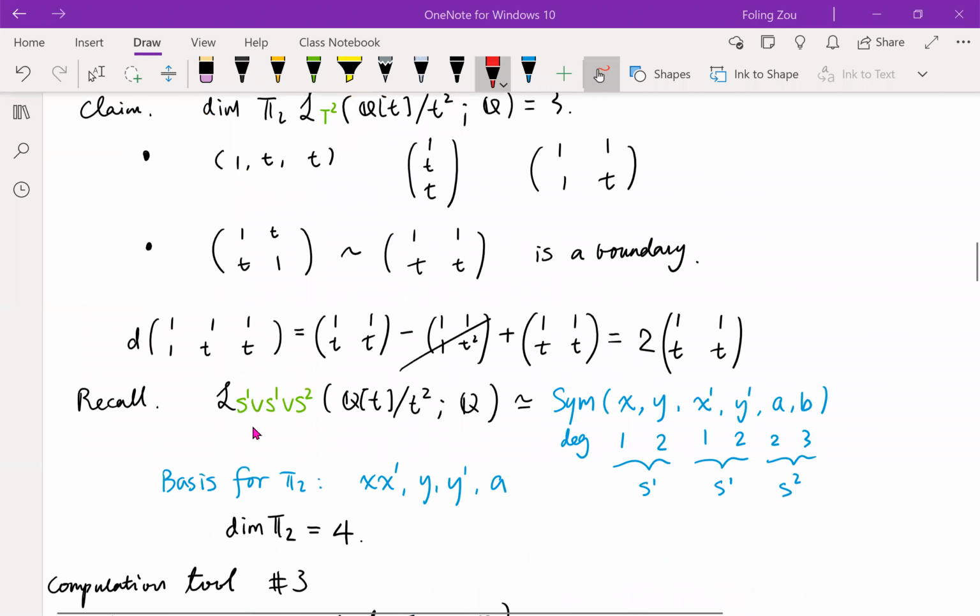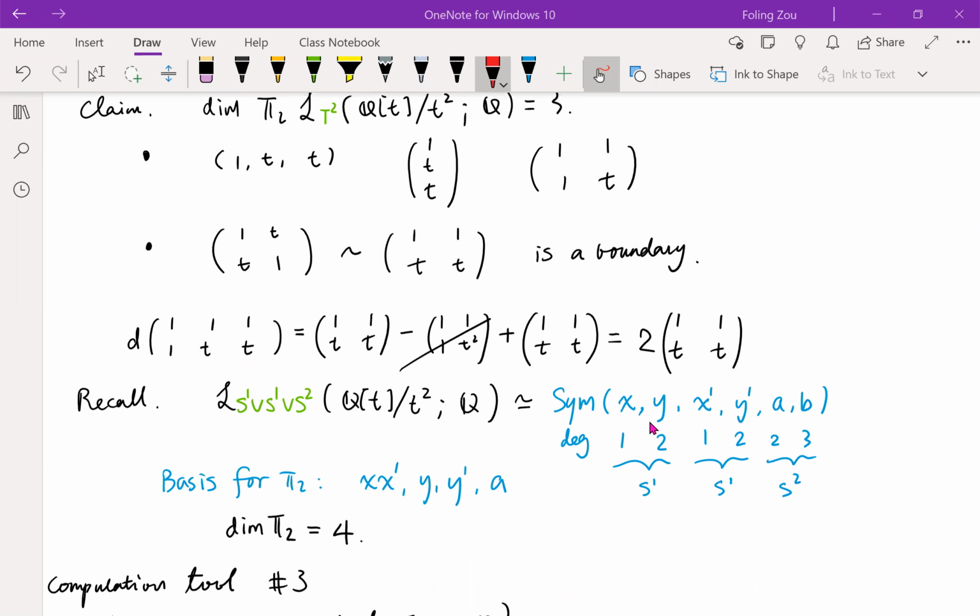And recall that before we have quoted the result on the spheres, so we know that Lode on this is the free symmetric algebra generated by these elements of these degrees. The names are given to them randomly by me. It's not a standard name.